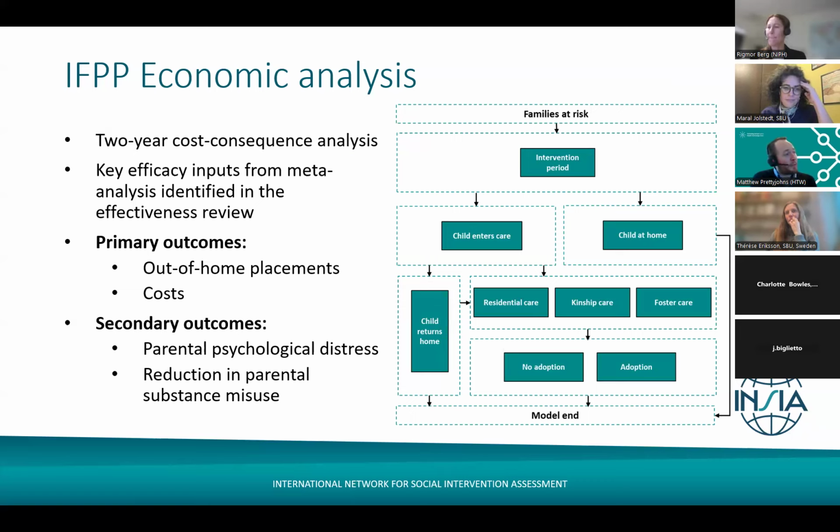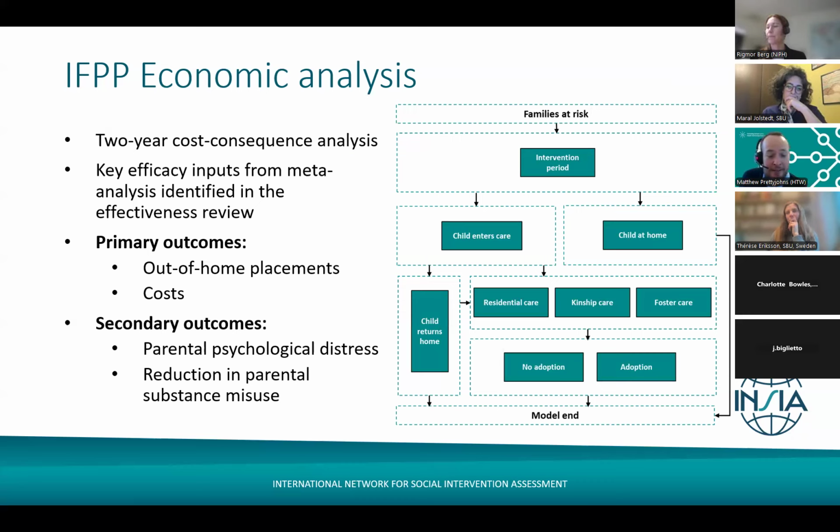But run that through and look at the consequences, and apply some costs associated with those various outcomes, including the out of home placement. As well as that, there were some secondary outcomes from the study in terms of outcomes for the parents: their psychological distress and reduction in substance misuse as well.